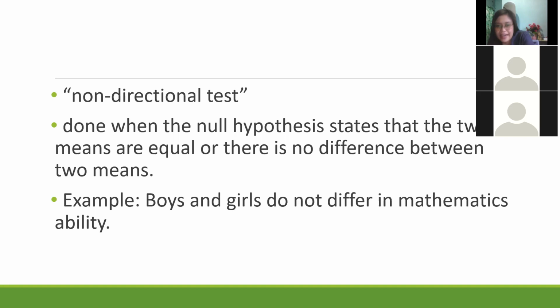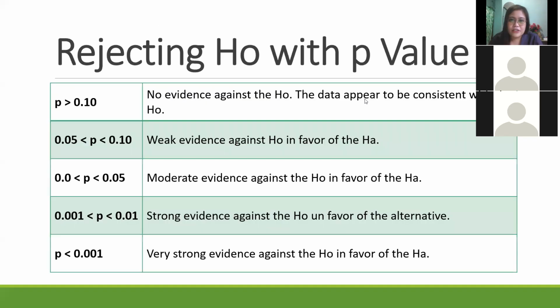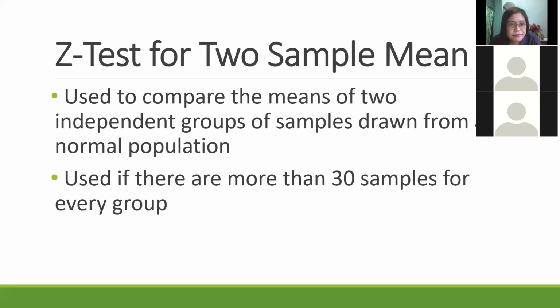But again, if there is a direction, meaning you favor one thing or one group of people, meaning their ability is higher or lower, or whatever you are measuring, there is a direction, so a one-tailed test is used. So I hope that is clear.